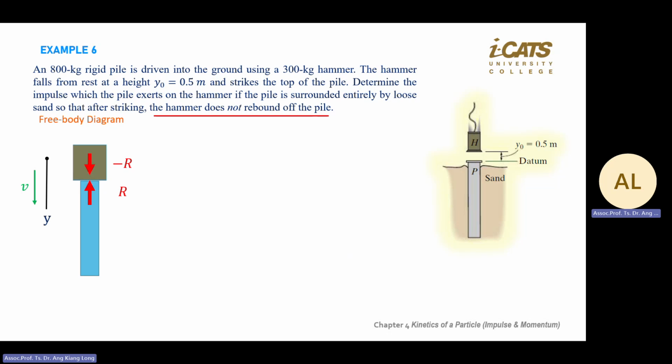So here our Y goes down positive, following the hammer. And the pile also goes down, actually goes inside the sand. So our focus is on the hammer. Don't focus on the wrong object. Here we focus on the hammer. Velocity is positive going down.